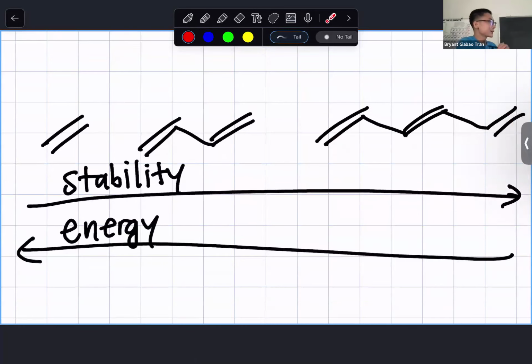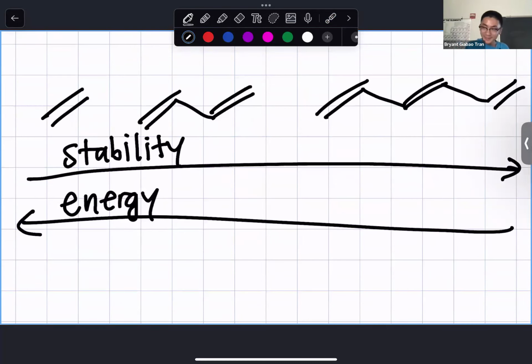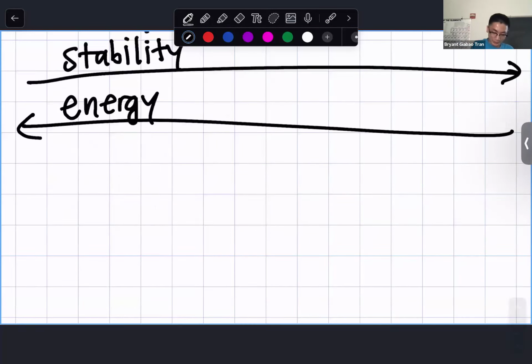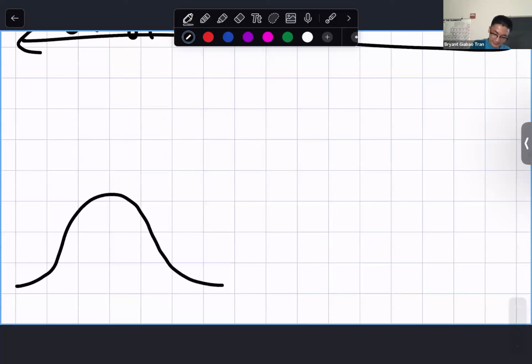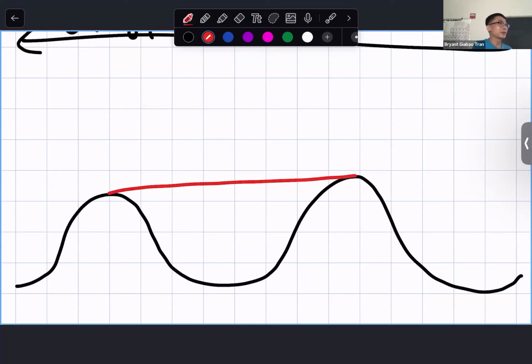Okay. And this is going to go back to a Gen Chem concept, where let's say we have wavelengths. If we have high energy, like a lot of energy, do we have a short wavelength or long wavelength? So a long wavelength would look something like this, where the wavelengths between the two peaks are very long.